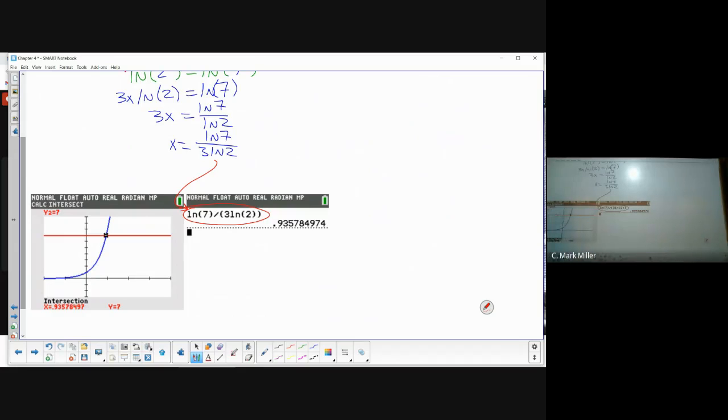Another way to solve that is to use your calculator graphically. We've done this before. You graph y equals 2 to the 3x, and then you graph y equals 7, and you figure out the point at which they're the same. And that's the same number.